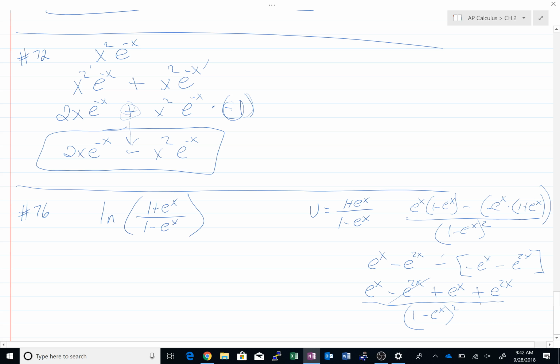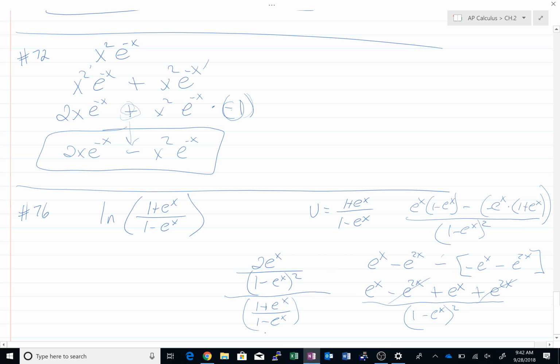That's gone and that's gone. And e to the x plus e to the x is 2e to the x. So that's really what the u prime turned into. So that's just the numerator over the original, 1 plus e to the x over 1 minus e to the x.